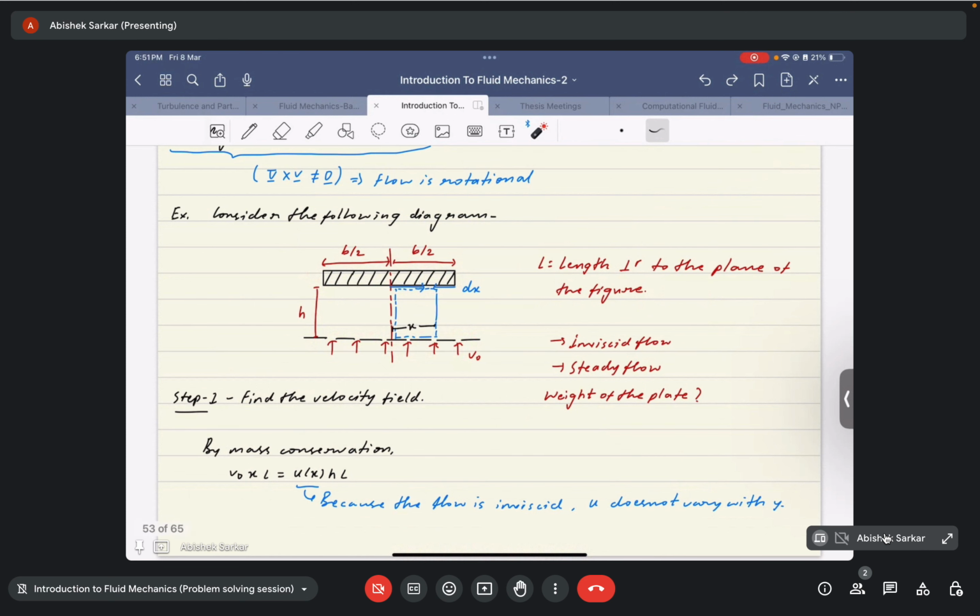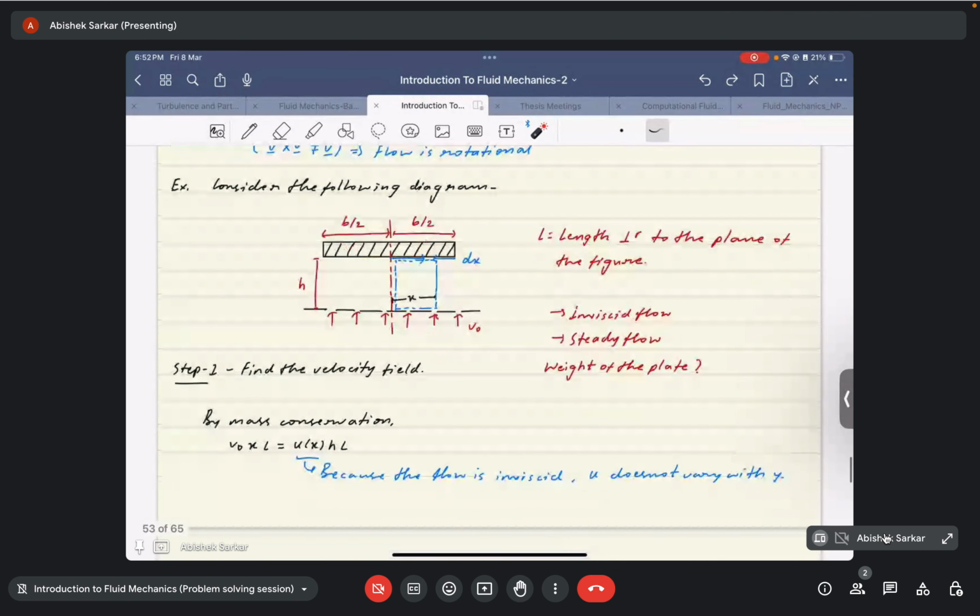The width of the plate is given by b. If we consider this to be the center line, then the width of the plate about the center line is b by 2 and b by 2, and this plate is kept at the length of h.